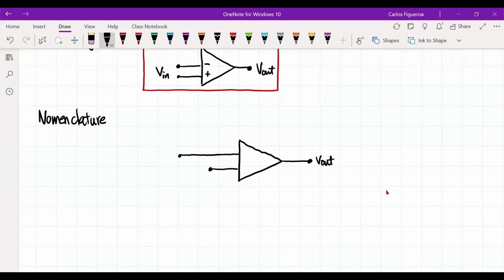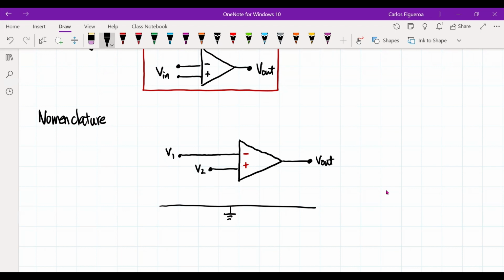We're going to call that V1, and we're going to call this V2. Everything that we see here is measured relative to the ground. So let's say that we have a ground that goes all the way across here. These are not voltages, they're node voltages.